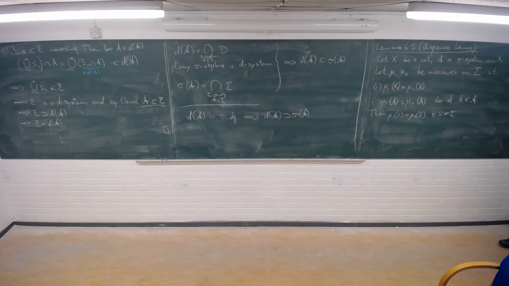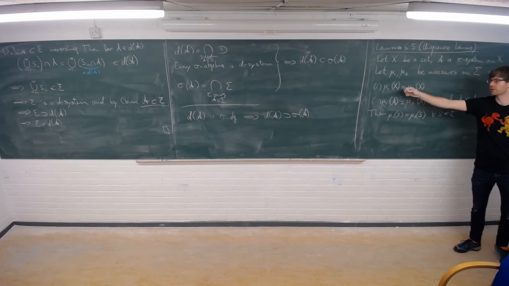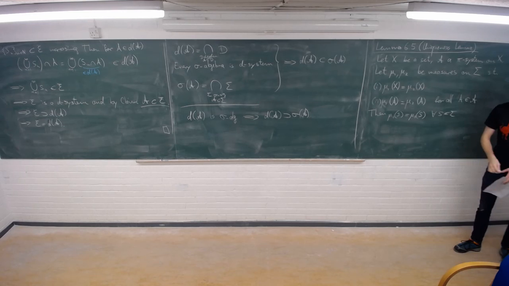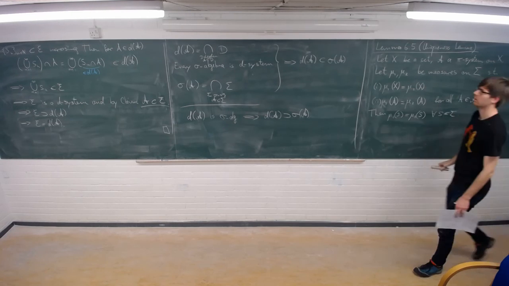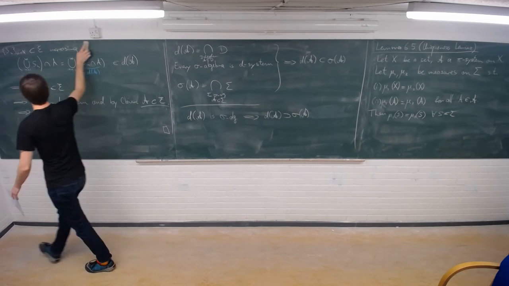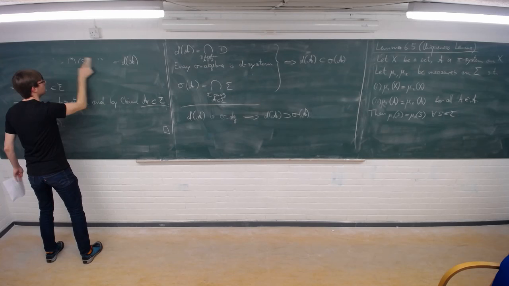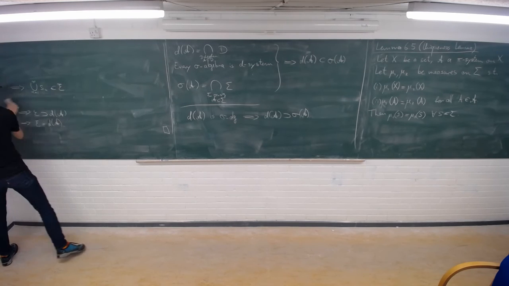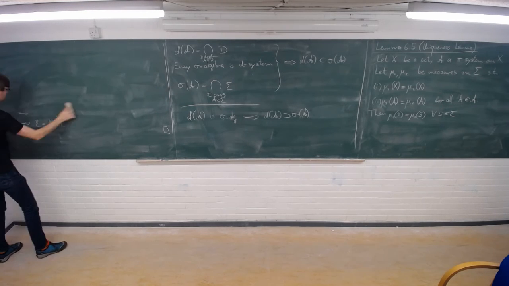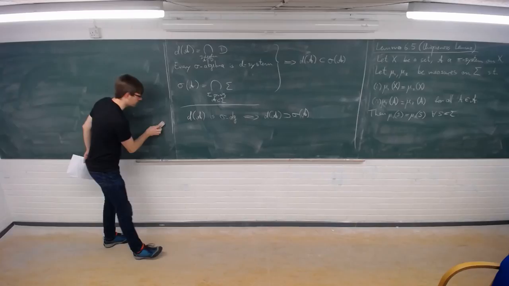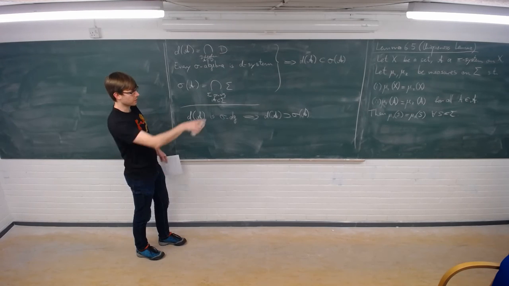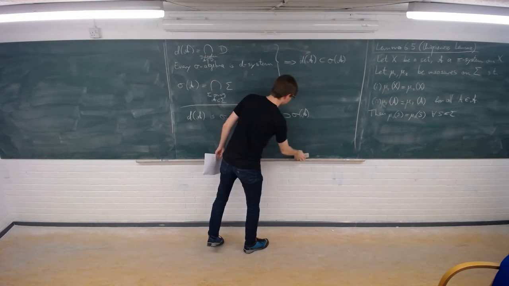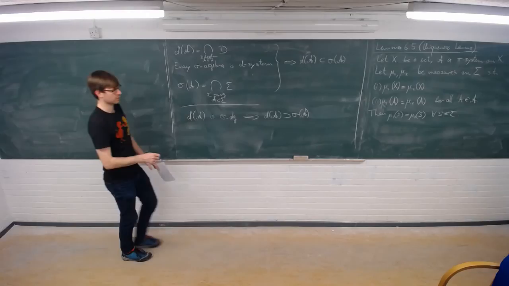Okay, so loosely speaking, if two measures agree on a pi system, then they also agree on the sigma algebra generated by that pi system, if, in addition, they're equal on the whole set X. So this is a really nice result, and you will see applications of this in the exercises on sheet 9 already.